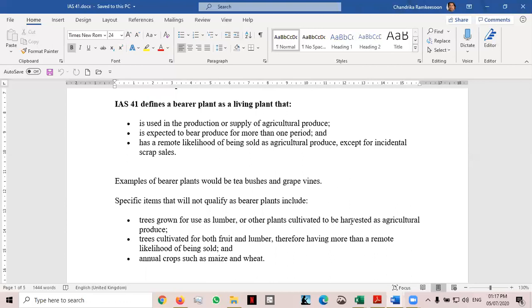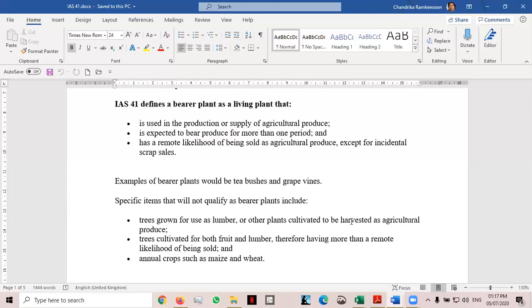Annual crops such as maize and wheat. So these are excluded from bearer plants because they are annual crops. Every season they will be replanted. And the other thing is, with corn, maize, the corn is plucked from the corn plant.